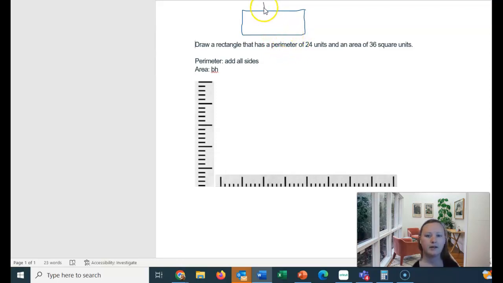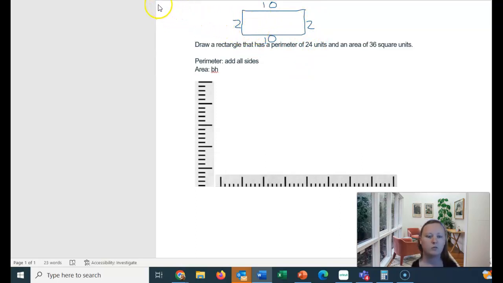So let's say I put 10 on this side, I have to put 10 on the other side. 10 plus 10 is 20. I still have 4 units left, so I could put 2 on this side and 2 on this side. So 10 plus 2 plus 10 plus 2 equals 24.